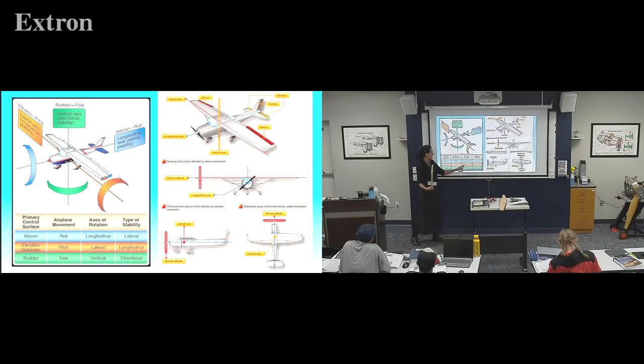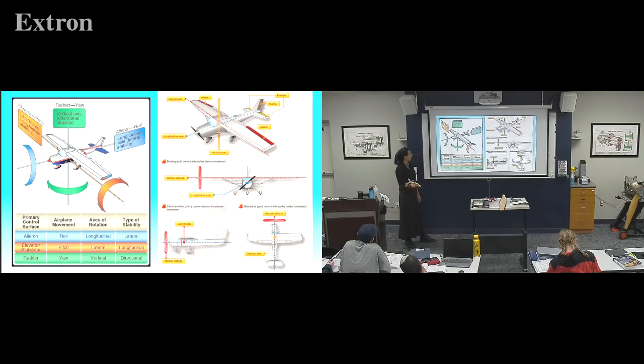And then my lateral axis goes from wingtip to wingtip. So if I spear it through the wing, that's lateral axis.